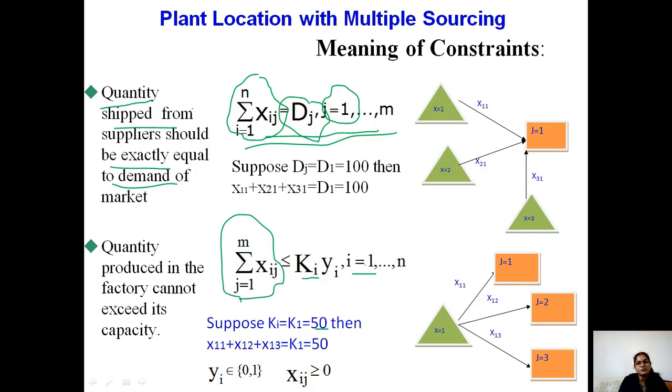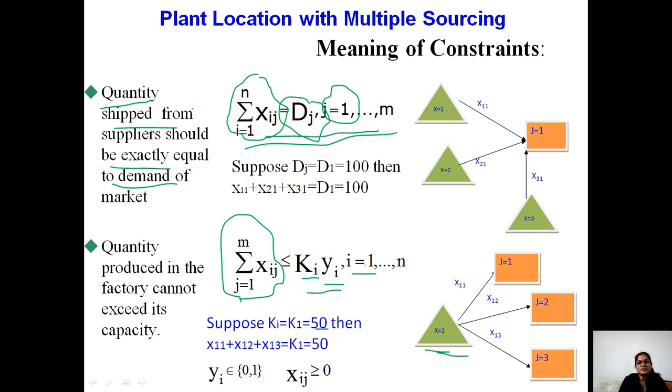But what is this yi newly appearing here? Yi is a controlling variable which will control whether that plant is open or closed. If yi is 1, then this value exists and it's equal to Ki, because Ki into 1. So quantity shipped from that plant should be less than or equal to its capacity.